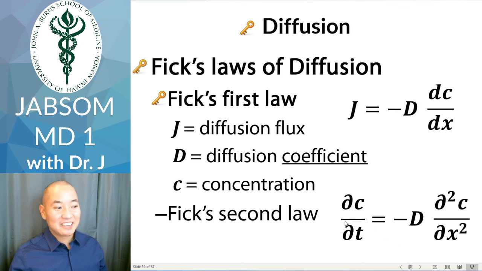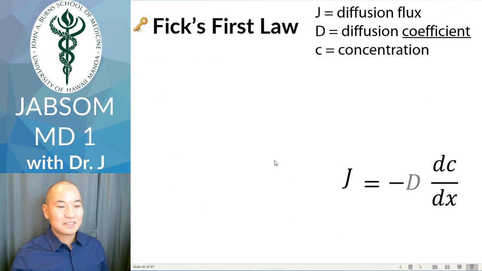Here we have partial derivatives, and not only that, a double partial derivative. It's saying how much the concentration changes over time depends on the second partial derivative of the concentration with respect to location. So again, concentrate more on Fick's first law, and we will cover it a little more in the respiratory physiology lectures.